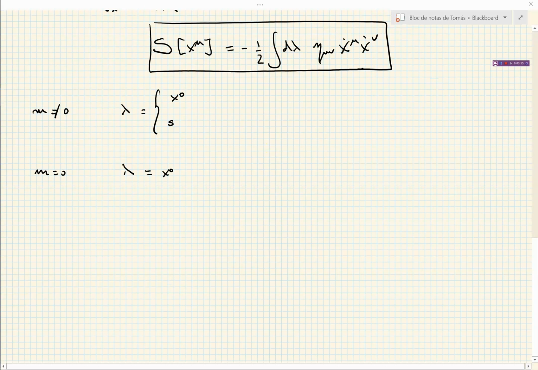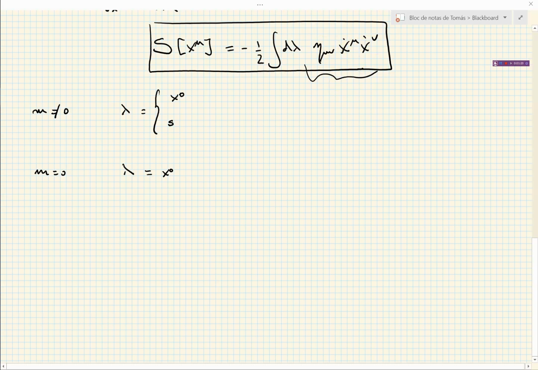You compute the integral that gives the proper time along a null worldline, and the definition of a null worldline is that this η_μν ẋ^μ ẋ^ν vanishes. So it always gives you 0.